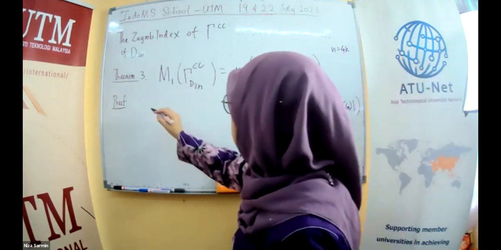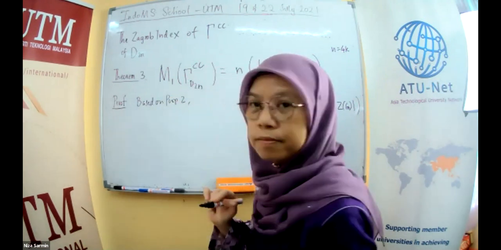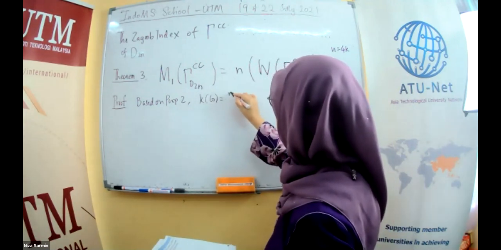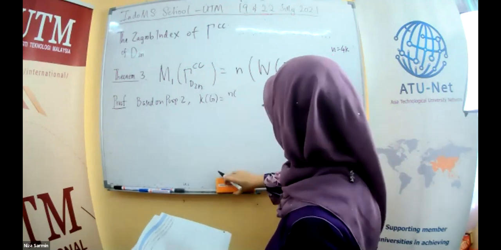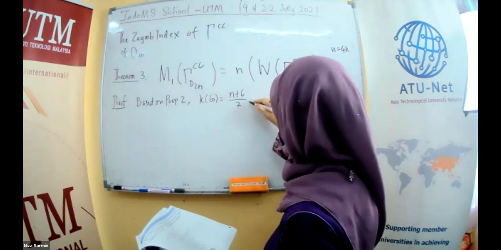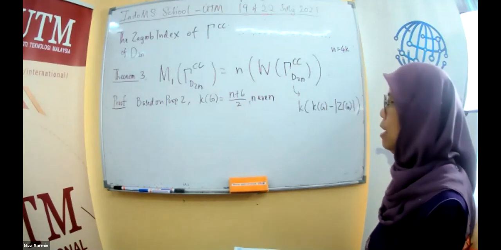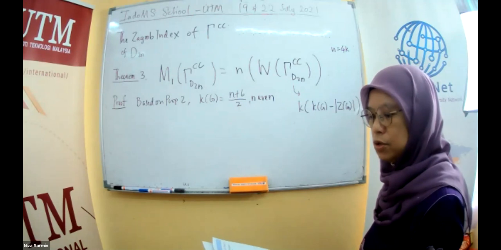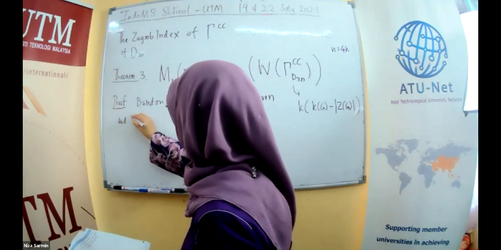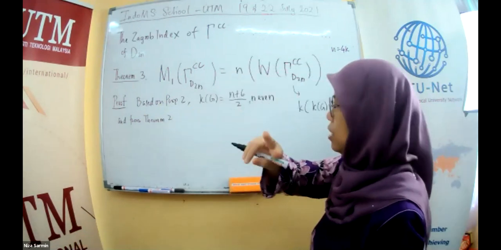Okay, so based on Proposition 2, you have to recheck this proposition, the number of conjugacy classes, so we have the case when n is even: the number of conjugacy classes is (n+6)/2. And from Theorem 2, we have two cases, for n even and n odd.